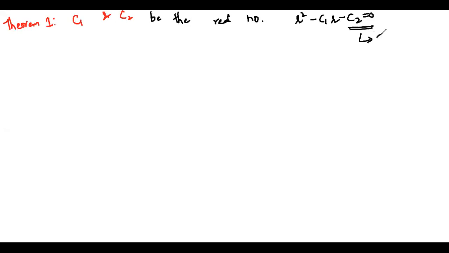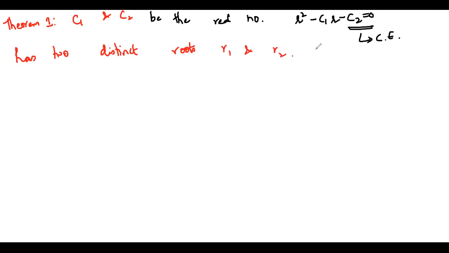This equation has two distinct roots. What are the roots? They are denoted with r1 and r2.